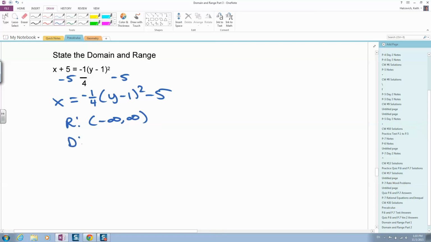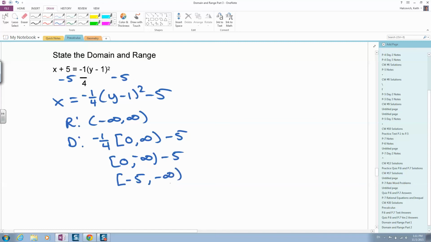And then for the domain, we substitute in the greater than or equal to 0 for the squared part. So you get 0 to negative infinity, because -1/4 times infinity, minus 5. So then you get -5 to negative infinity, which means negative infinity to -5. So less than or equal to -5.